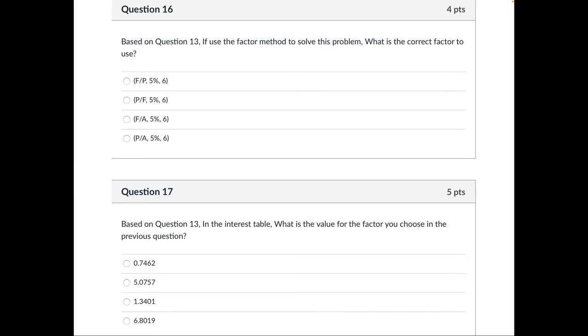So you're looking for future value given the present value. So it's F/P I% and N. That's the factor. And I is 5%, N is 6. Okay, so it's this one. And so you're going to check the table in Appendix C, the table of I equals to 5% to look for the factor. And that factor is gonna be this one.